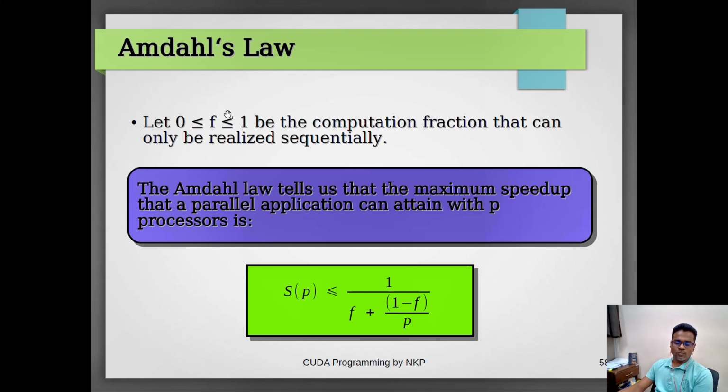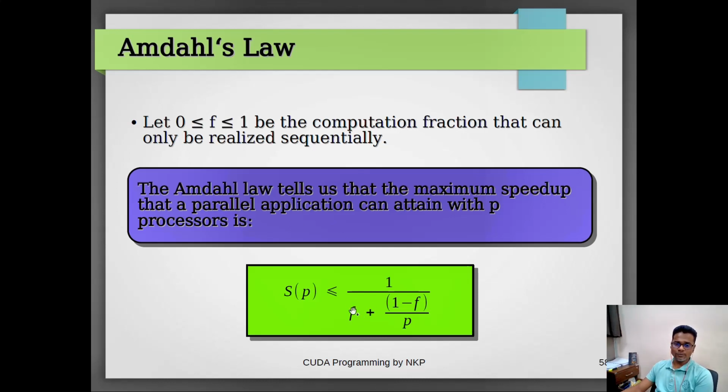Now, based on this, Amdahl's law tells us that the maximum speedup a parallel application can attain with p processes is given by S_p less than or equal to 1 upon f plus (1 minus f) by p. Let's assume ideally that the sequential component is 0, that there is no sequential computation in your program.